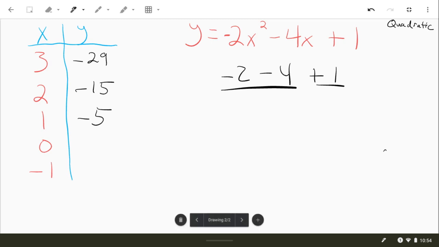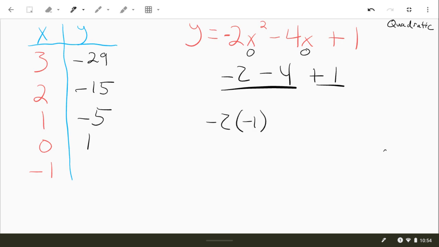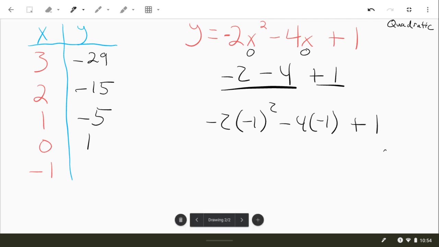All right, let's plug in 0 for x. Plugging in 0 for x, you get disintegration, and you have a 1 left over. That's it, just 1. Let's plug in negative 1 for x. So you get negative 2 parentheses negative 1 squared minus 4 parentheses negative 1 plus 1. All right. Yeah, here you got to be careful.